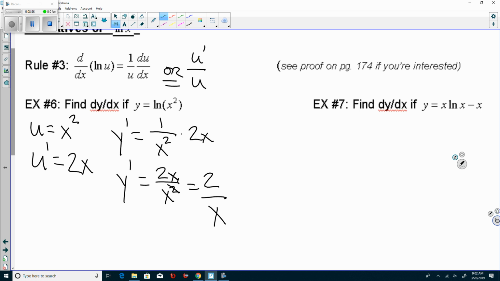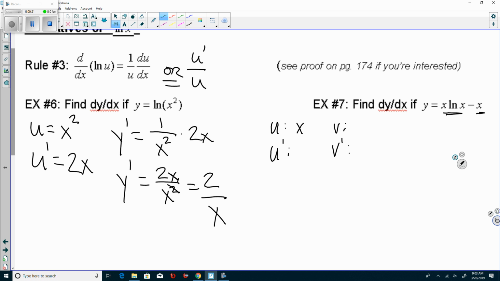Now this next one, exercise 7, you have 2 terms. You have x ln x and the x here. That x minus x is not part of the natural log. So since we have an x ln of x, we have to use the product rule.